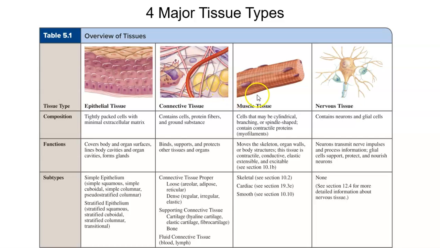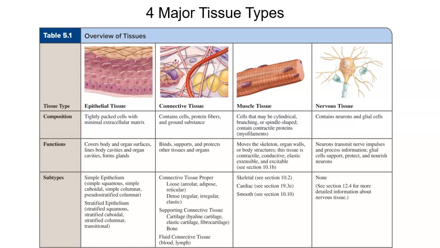And then we have our third category, the muscle tissue. Muscle cell shape varies depending on what type of muscle it is. We have three major types of muscle. The cells appear different, but they all have one thing in common, and that is they cause movement to occur. And then our fourth category is nervous tissue.